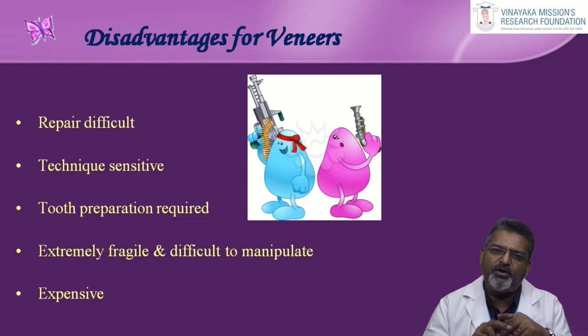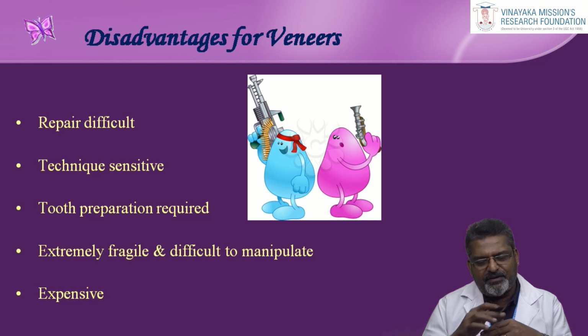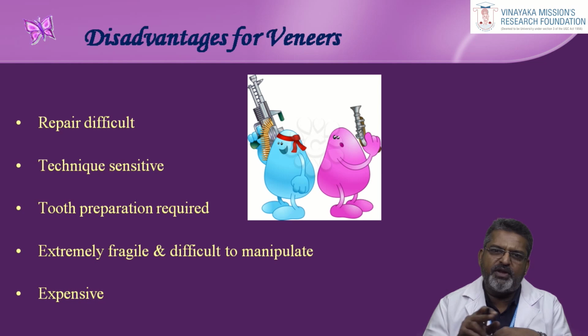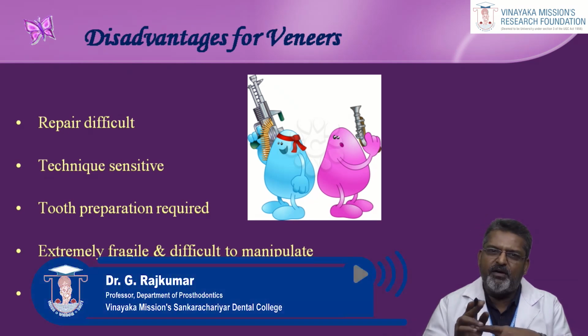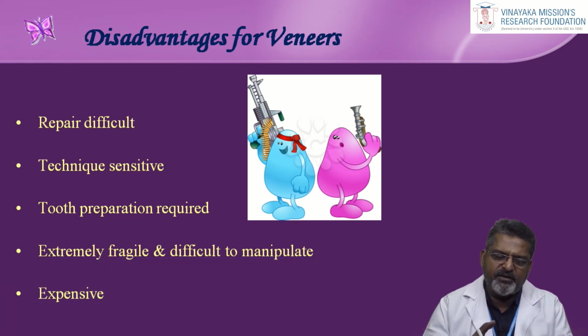If this veneer is going to fail after 15 or 20 years, then the second veneer has to be replaced, because you have already done damage to the enamel, you cannot leave the enamel damaged. So you have to redo the thing. So it's not a conservative management, it's going to be a destructive management. So that is going to be one of the disadvantages. But still, when compared to the aesthetic result, this is not much of a concern, but still the tooth preparation has to be done, which is considered a disadvantage for your veneers.